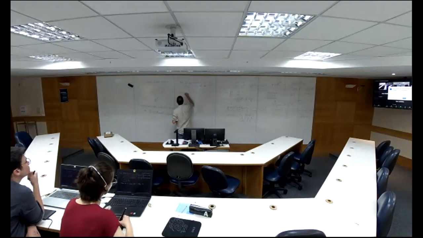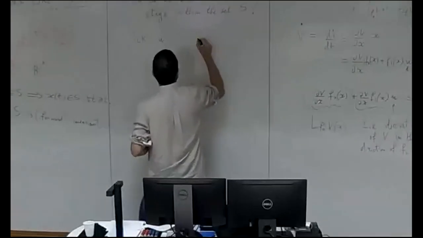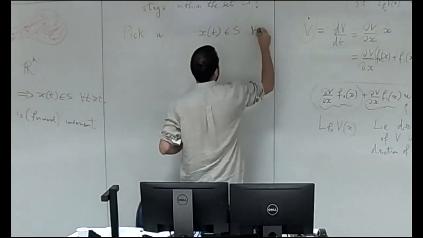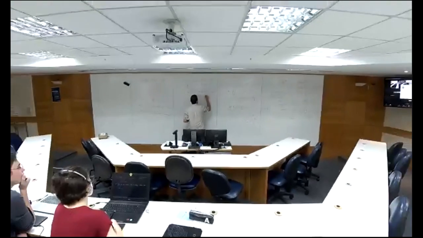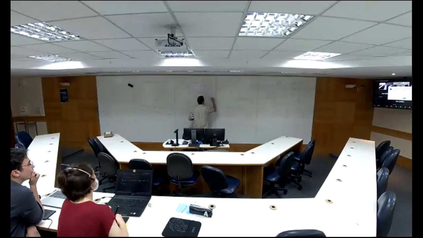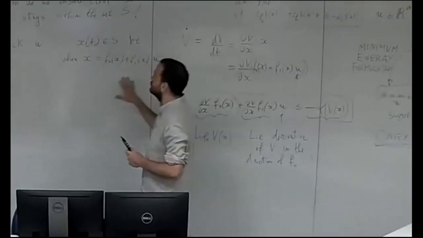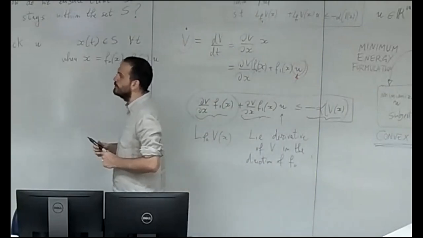The easy answer, but difficult to implement, is we pick a u such that x of t is in S for all t, and x dot follows the control-affine dynamics, x dot equals f0 plus f1 u. Again, this is not an easy problem, for the same reason as the problem before.